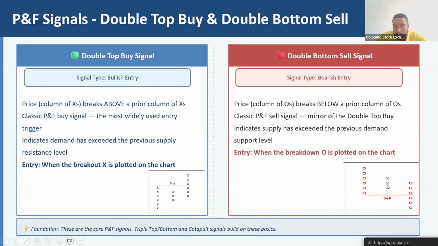That's what this X means. Again, with the third column, you see the minimum price point that the first column reached, and the third column breaks past that level to the downside. Here is the breakout O, so that gives us a sell signal.